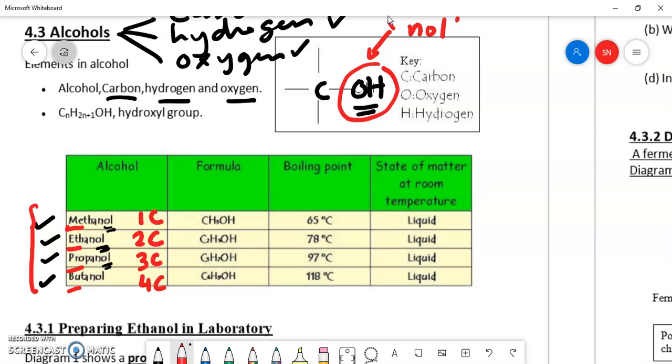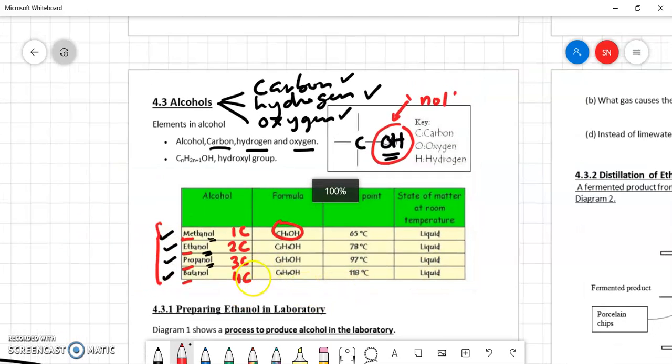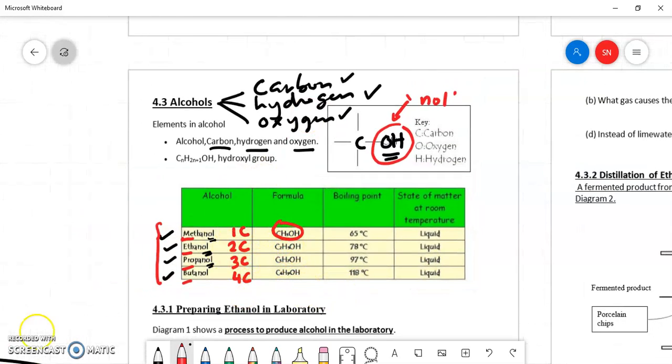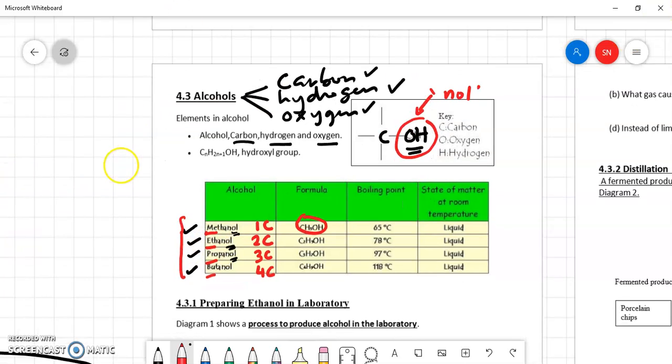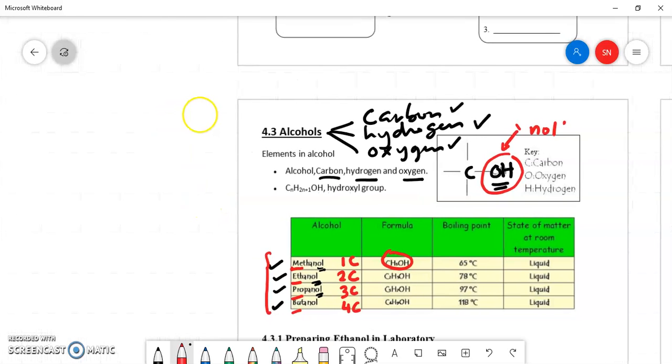Now what do I mean by one carbon atom, two carbon atoms? If you look at the formula, let me just rewrite that. For methanol, we are going to use a general formula for all alcohols.